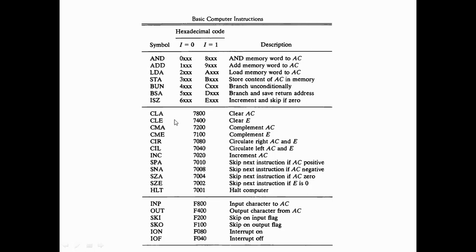The next is 0111, that is 7, followed by 0 1 and then 10 zeros, so that will be 7400. And in the same way we can remember all these codes, right? The actual thing is binary code, but for making it easy to write, we can put it like this in hexadecimal, the various codes for the various register reference instructions.